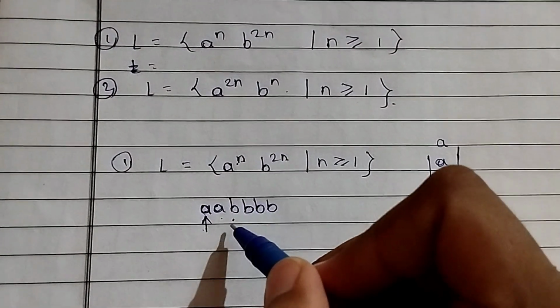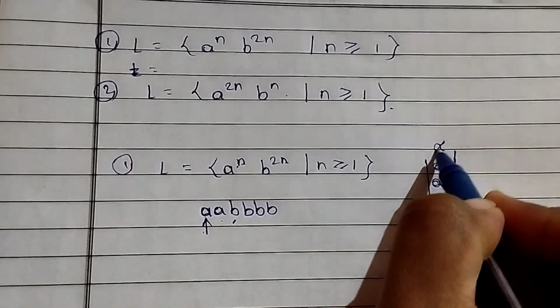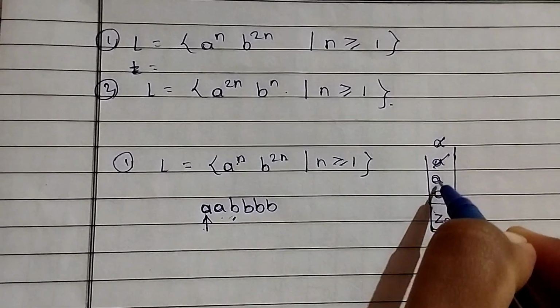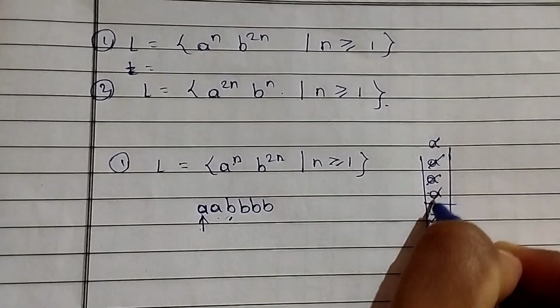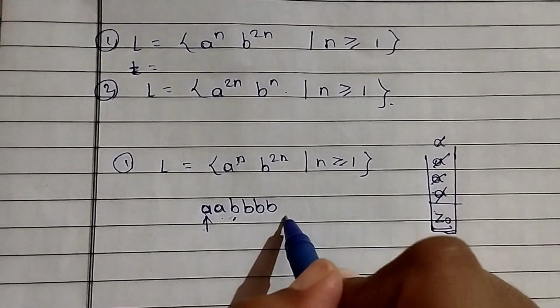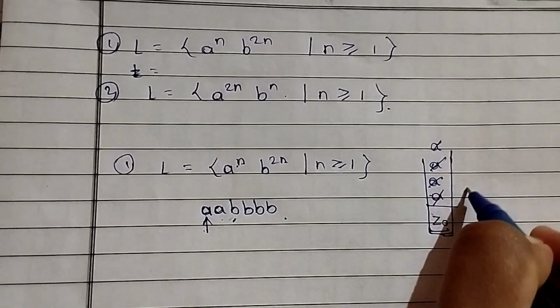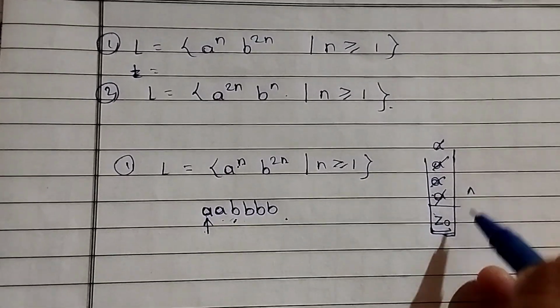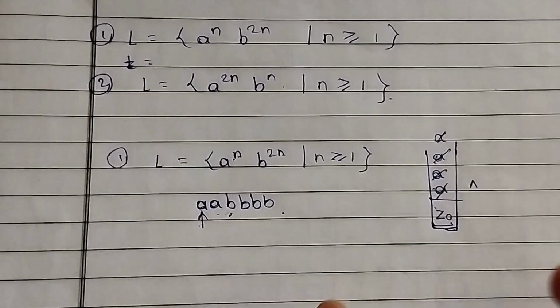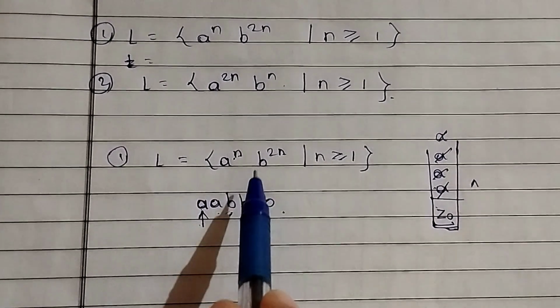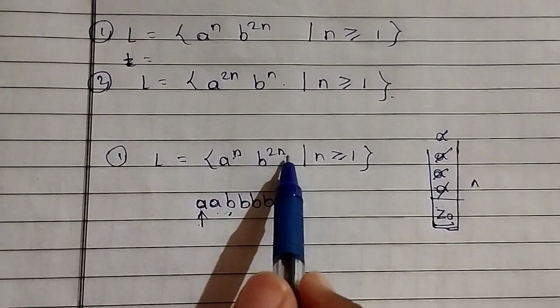For this first b, the first a is popped, then for the second b, the second a is popped. In this way we pop all these 4 a's for these 4 b's, and then at the end we get null, then we read null, and with z0 we are in the acceptance state. So this is the logic for a raised to n, b raised to 2n.